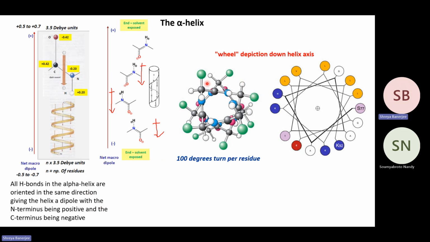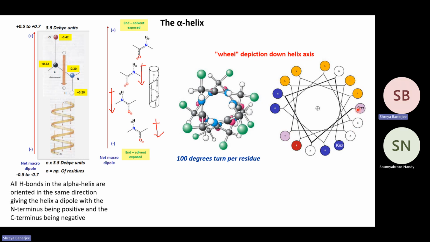Another thing is that if you look at the helix from the top, then this is called the wheel depiction of the helix. Suppose I start from this serine. Then the serine is connected to an alanine, which is connected to a histidine. Like that, if you go from amino acid to amino acid, from the top you will get a kind of circular arrangement, and this is called the helix wheel diagram.